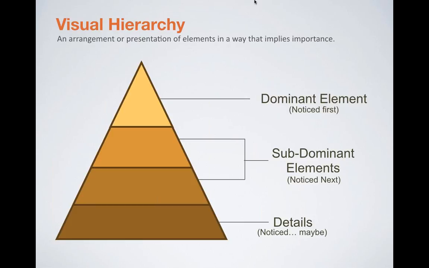And then from there, you have subdominant elements that will be noticed next. And after that are the subordinate details that maybe you'll notice if you really pay attention, but they're just there for scenery. Or if it's a document, then the details will just be the bulk of the content, with your dominant element being your title and the subdominant being the subheadings.